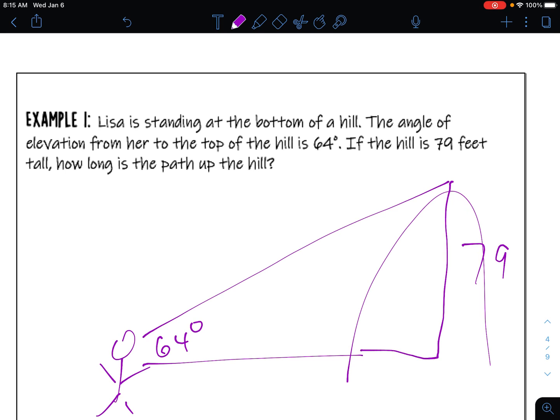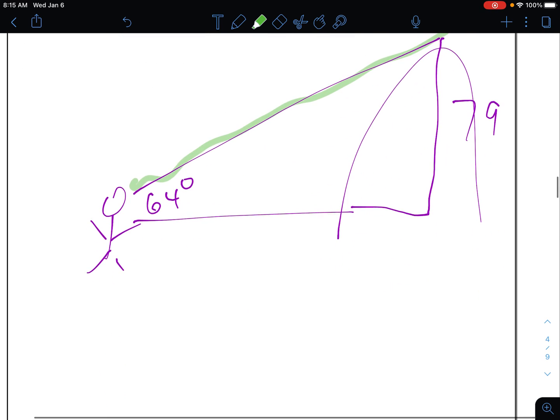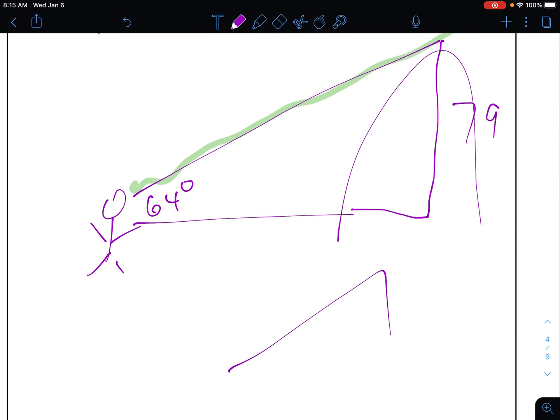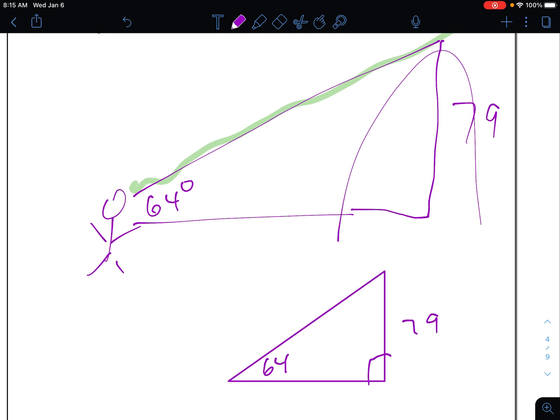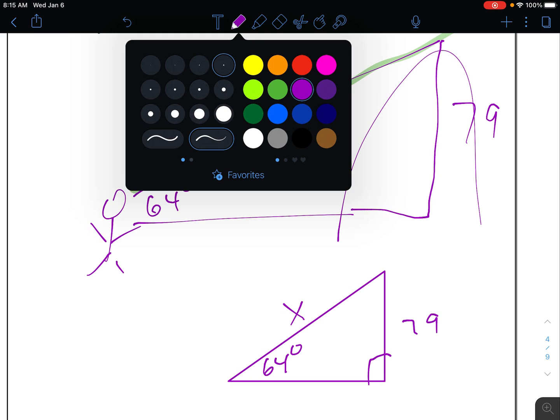All right, so they're saying the hill is going from where she is up, right? So we want to find this path of the hill going straight up the hill. All right, so what we have is a right triangle, 79 degrees. Angle of elevation is 64 degrees. We want to find how high the path is up the hill. So again, we're using our trig that you guys have been learning.